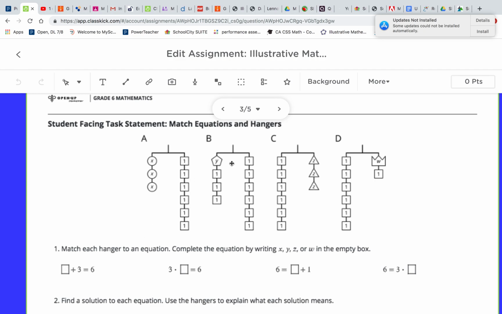Let's look at B. B, we have y. That means some unknown something. And then you can see with that y, we're adding on 1, 2, 3. So something plus 3 more, that's the same thing as 6. Because of that, that describes this perfectly.